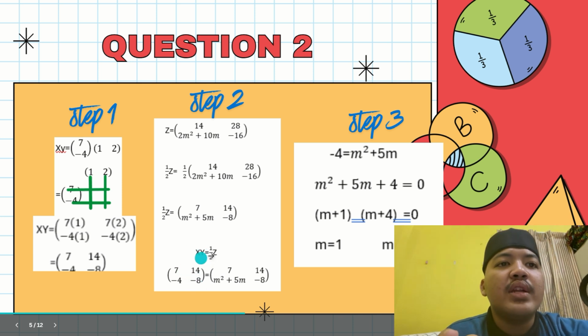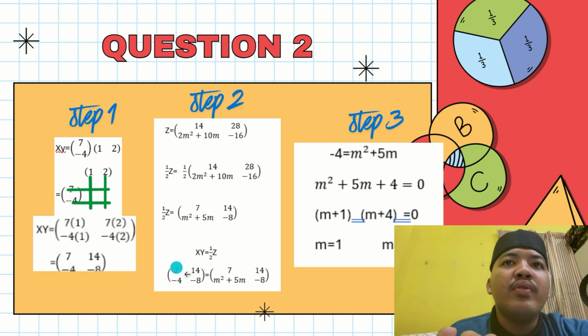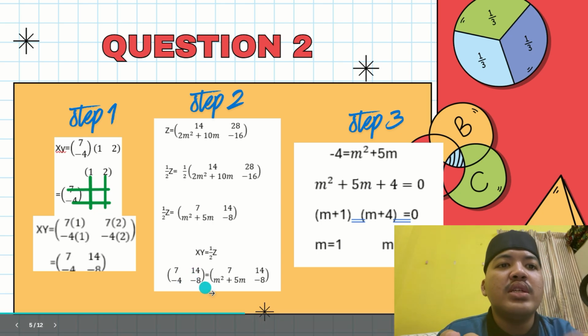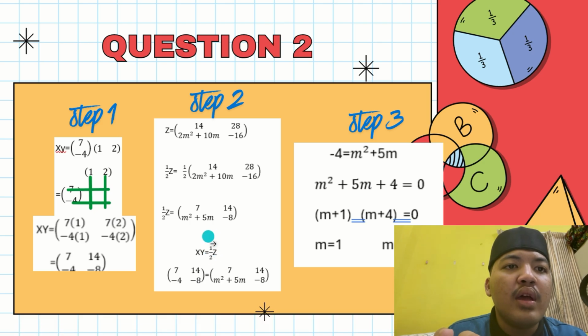After that, when we compare the two matrices, we move to step 3, which is -4 equals m square plus 5m.